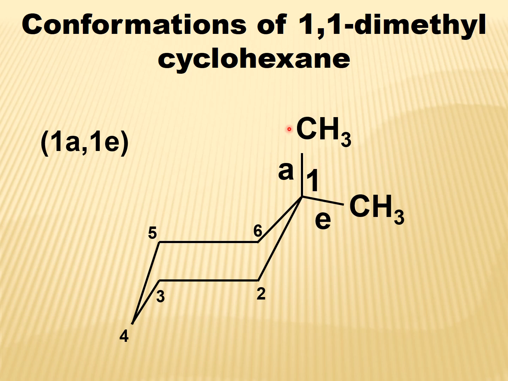There is an axial methyl group here, which will undergo diaxial interactions with other hydrogens, so the stability of this molecule will be medium. Now if you flip this cyclohexane ring, you will get the same isomer, 1A, 1E itself. So there is only one conformer in case of 1,1-dimethyl cyclohexane, that is the 1A 1E dimethyl cyclohexane.